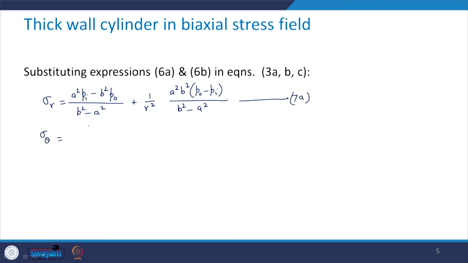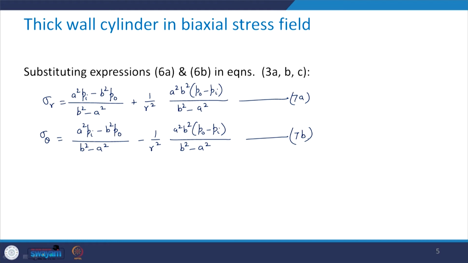Sigma theta will be (a square pi minus b square p naught) divided by (b square minus a square) minus 1 upon r square into a square b square (p naught minus pi) divided by (b square minus a square). This is 7b, and we have seen that tau r theta will be equal to 0. So, this is equation number 7c.